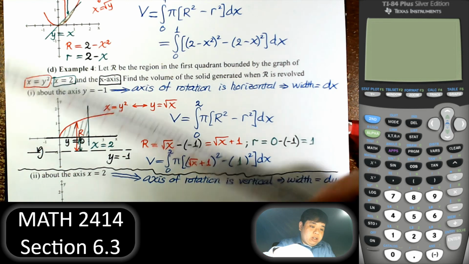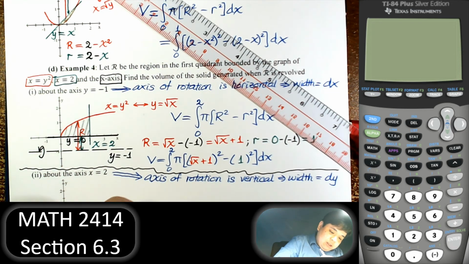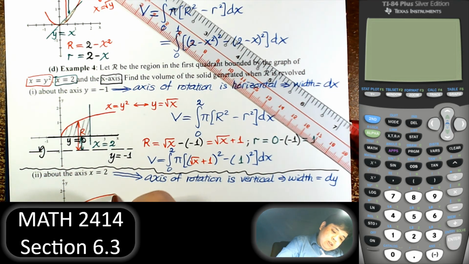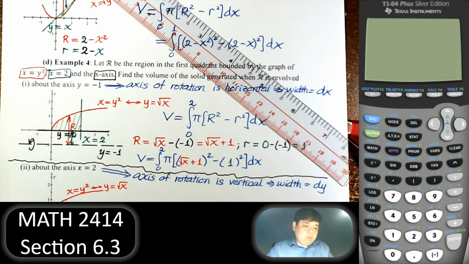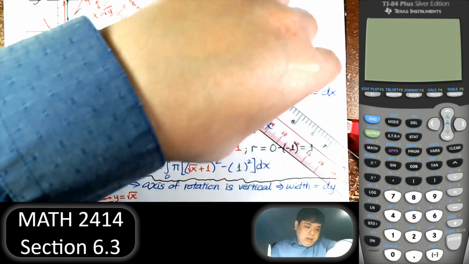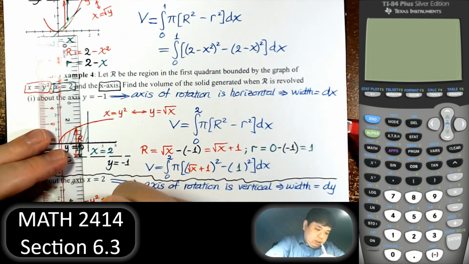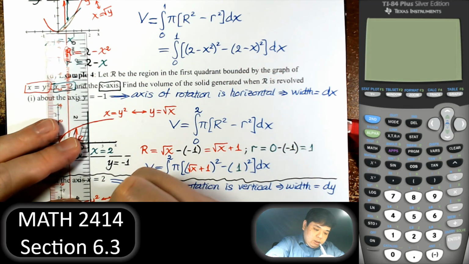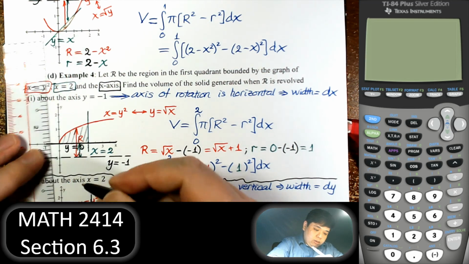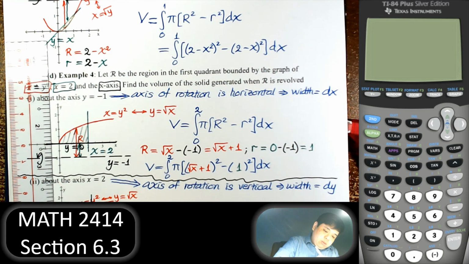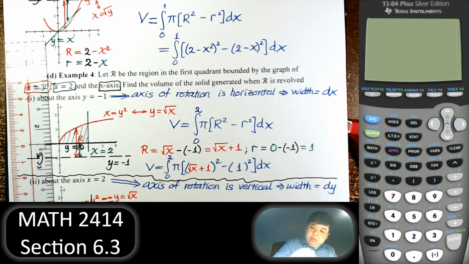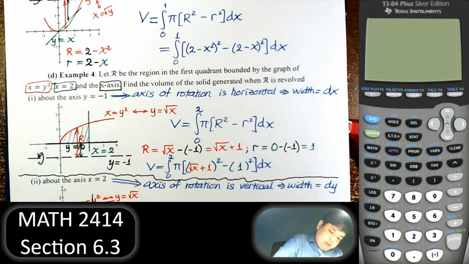Right, I'm going to draw the same thing. x equal to y squared, or y equal to square root of x, and then x equal to 2, then y equal to 0.